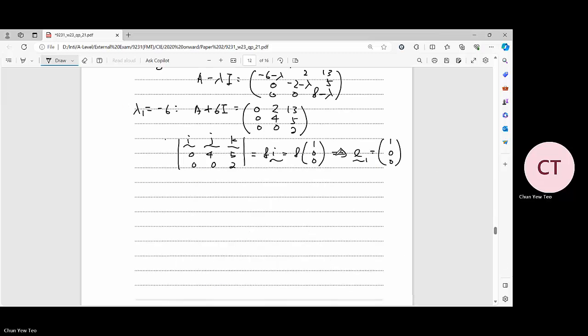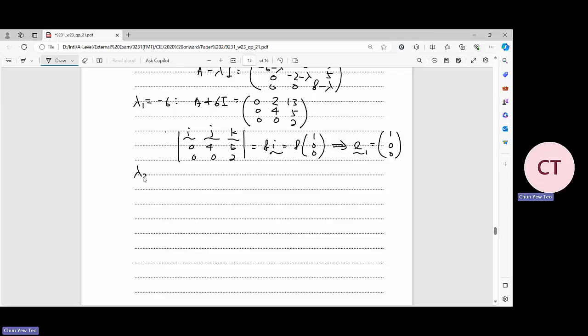Same thing happens when the second value for lambda is -2. So when lambda is -2, then your A plus 2i will become -4, 0, 0, 2, 0, 0, then 13, 5, and 10. So I will use the first and the second row to find the eigenvector.